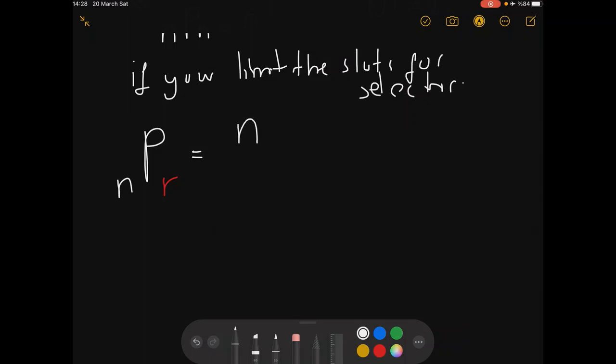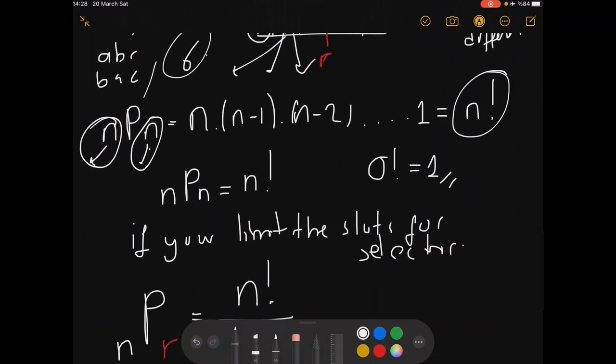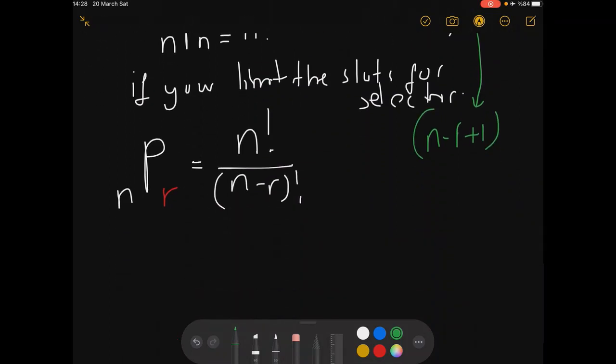So you can go ahead and write n factorial over n minus r factorial. Why? Because instead of going up to 1 here, you will go up to n minus r plus 1 here, right? So this is why you're dividing by the n minus r factorial here at the bottom.